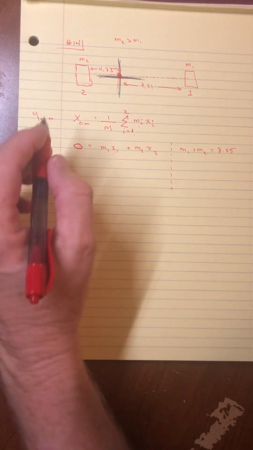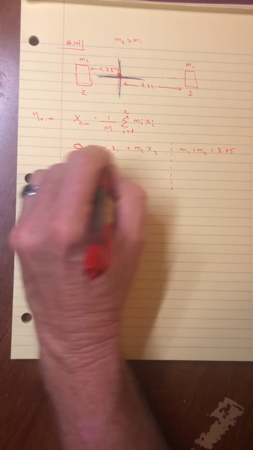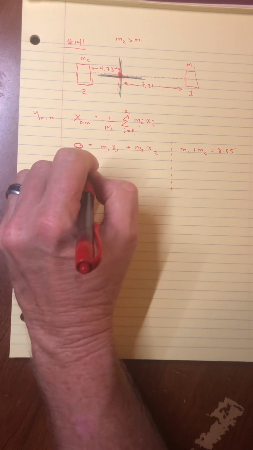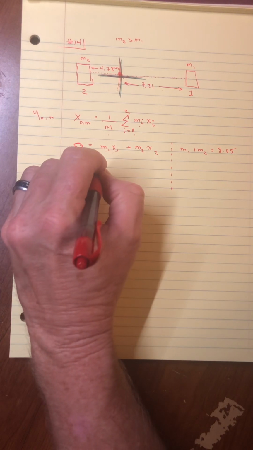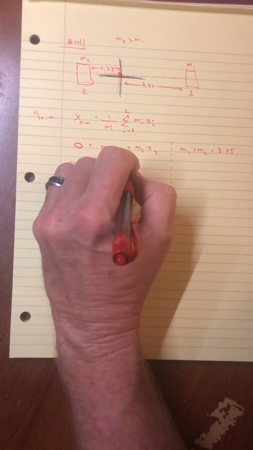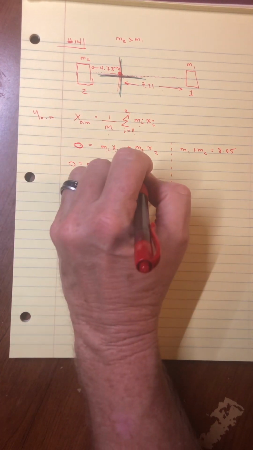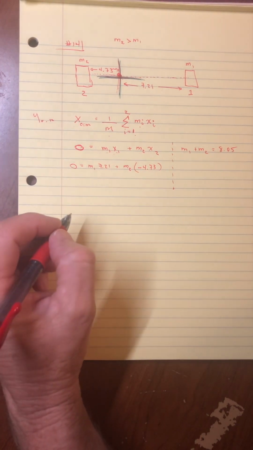And let me go ahead and put in my positions now. I'll put in a 0, and mass number 1, I don't know, but I know number 1 has a position of 7.21. Mass number 2, I don't know, but I know it has a position of negative 4.73.